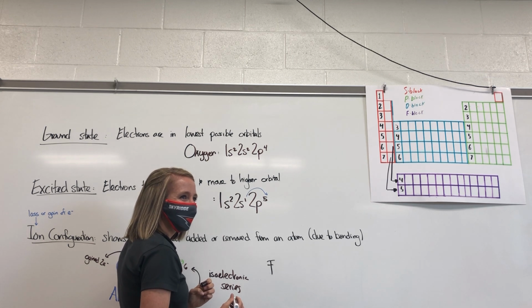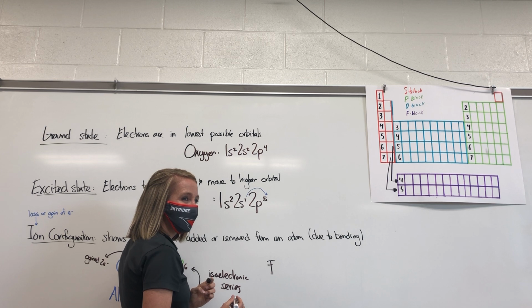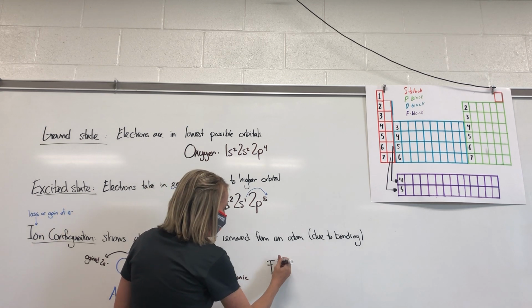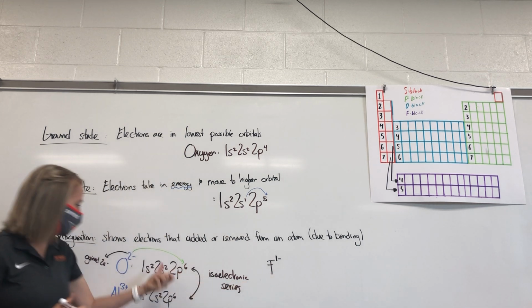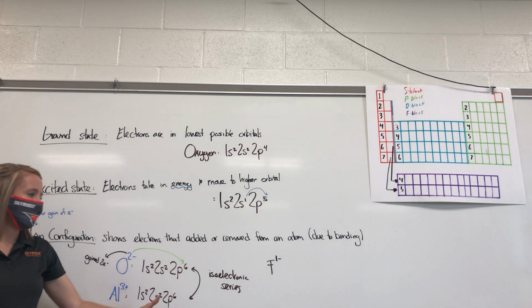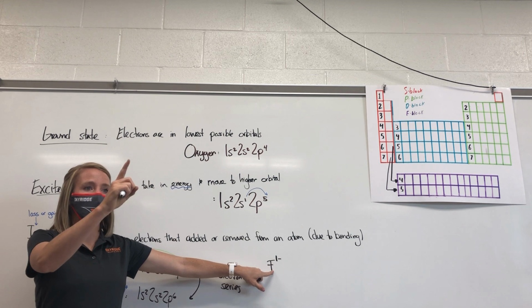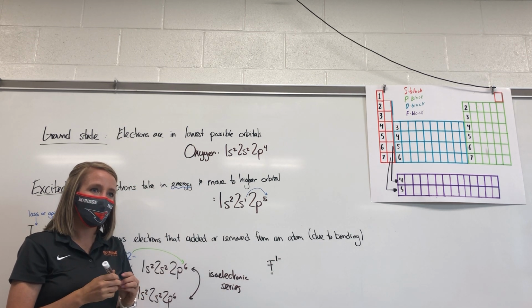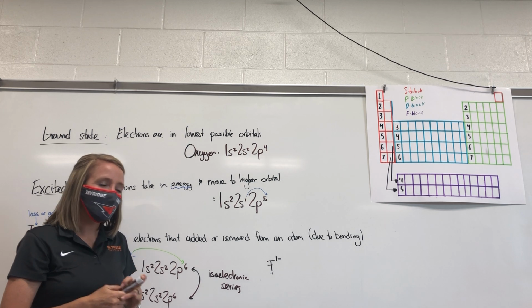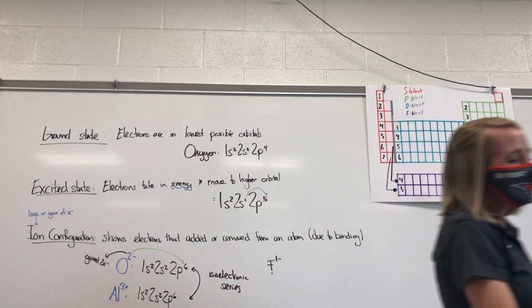Okay, so if you took away an electron from fluorine, close, or added an electron, so it's going to be a negative charge. Maybe that's what you meant. But this is also part of the isoelectronic series, right? Because if fluorine gains one more, it's also like neon. So what information do we get from knowing that they're the same series? Because almost anything can be added.